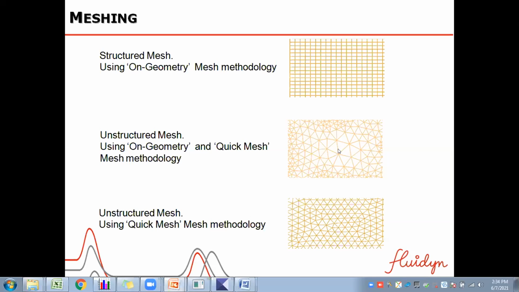So let's say when we are planning for a structured mesh, a structured mesh means there should be only 4 edges for a surface, or 6 side faces for a shell. That should be the basic criteria for creating a structured mesh.